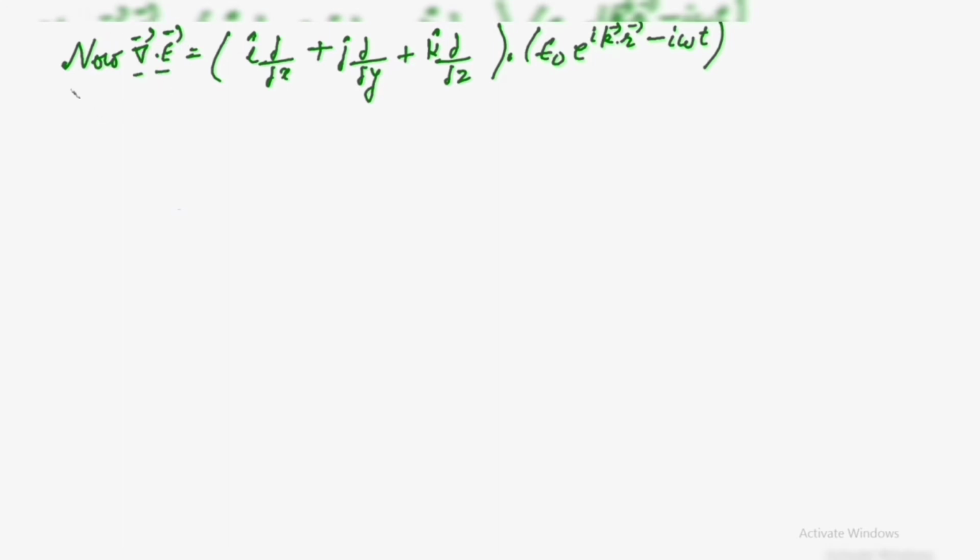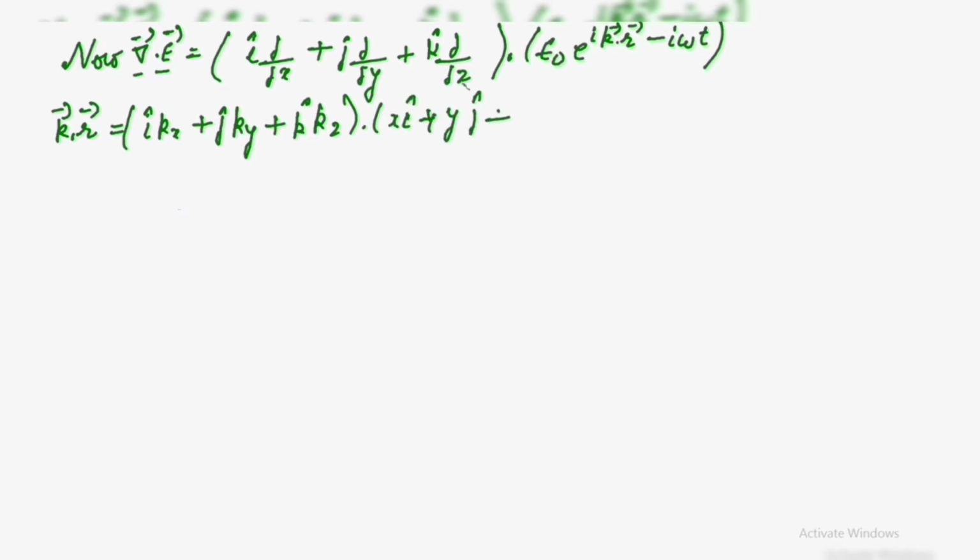So now here we take the dot product of the propagation vector and the position vector, which is k vector and r vector. So here k vector is equal to i cap kx plus j cap ky plus k cap kz, and we know position vector is equal to x i cap plus y j cap plus z k cap.